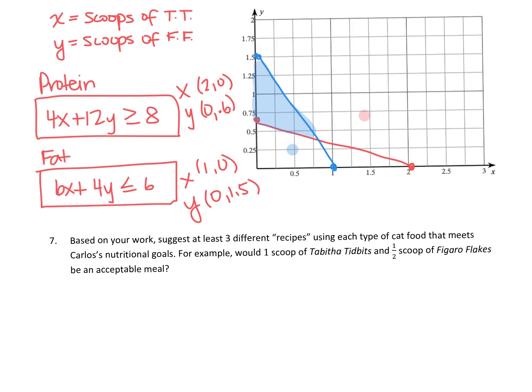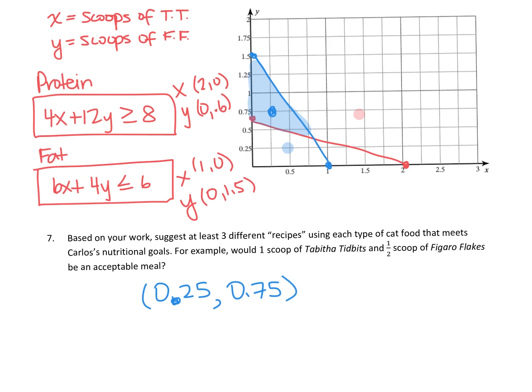Let's answer number 7. It says, based on your work, what are some possible recipes that satisfy the situation? I'm going to say this ordered pair here is good. I think that's 0.25 scoops of Tabitha Tidbits and 0.75 of Figaro Flakes.